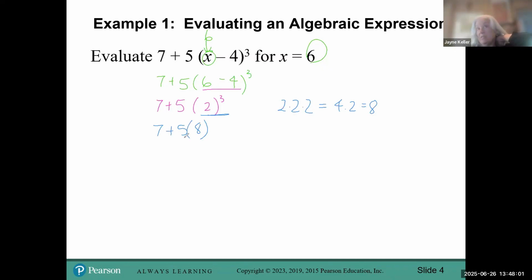Remember the parentheses here are an implied multiplication sign. I'm going to copy everything else, and then I'm going to do 5 times 8. Now I'm down to just one operation left, so I'll go ahead and do that addition, and I get 47. When I evaluate this expression for a value of x equals 6, that expression is equal to 47. It would have a different value if I chose a different value for x.